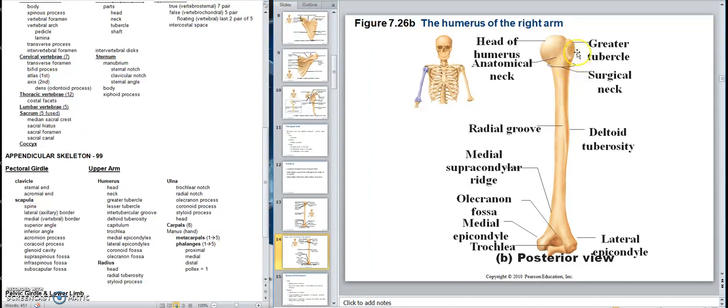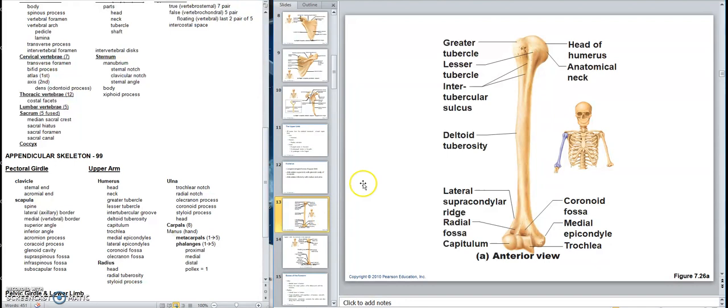Okay, we've got the greater tubercle, then I have to go to the other side, and lesser tubercle. So greater tubercle and lesser tubercle. Intertubercular sulcus right there. Yeah, intertubercular sulcus or groove. Deltoid tuberosity, that's where the deltoid muscle will attach.